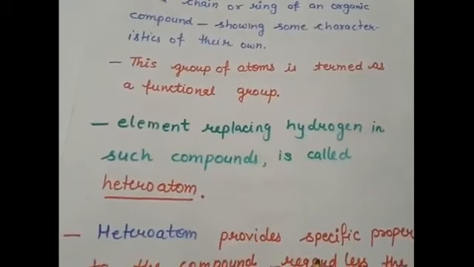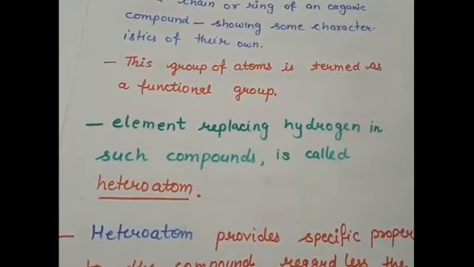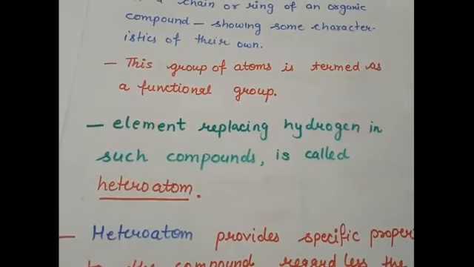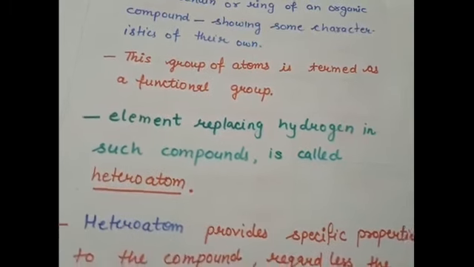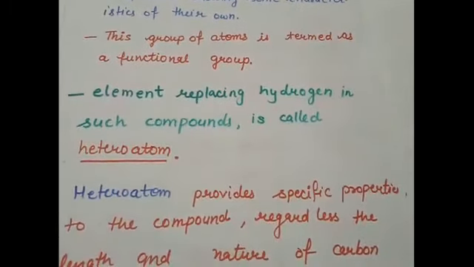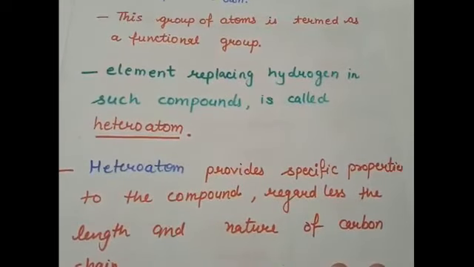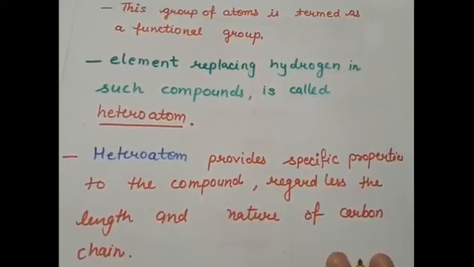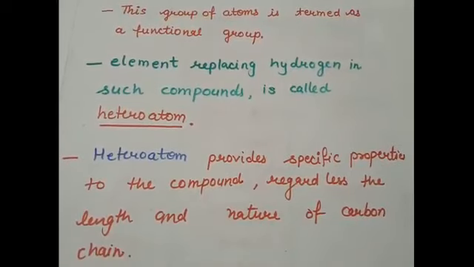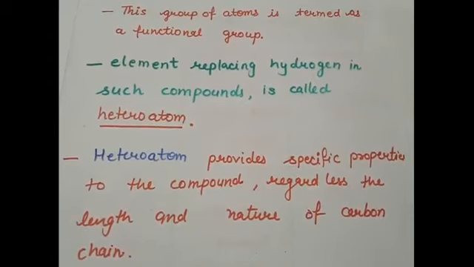So a heteroatom is the different atom which gets attached as a functional group. This heteroatom provides specific properties to the compound regardless of the length and the nature of the carbon chain. It enhances the properties of the carbon chain or ring, but it does not matter how long the carbon chain is or what its nature is.